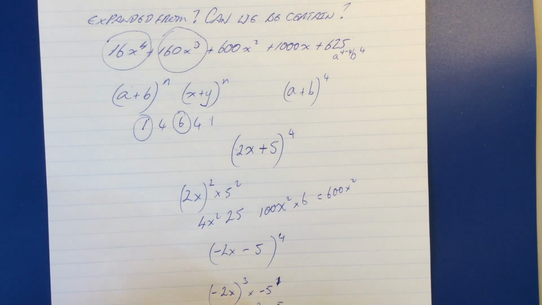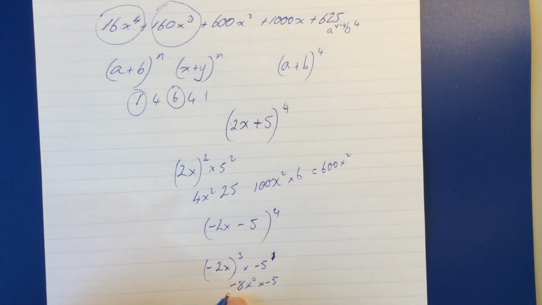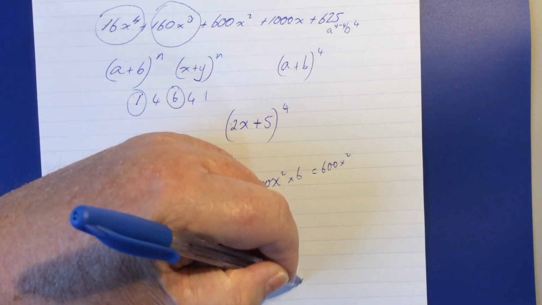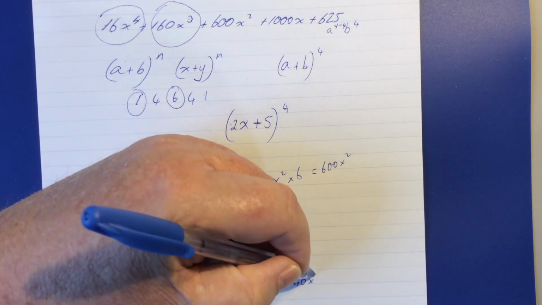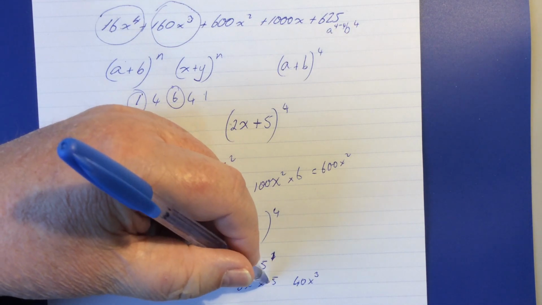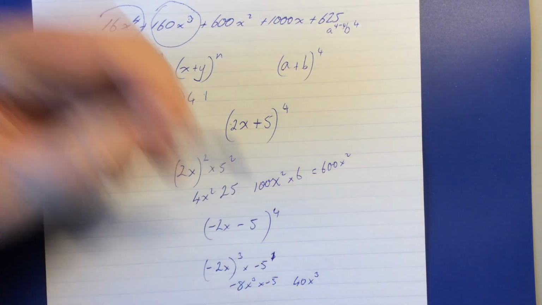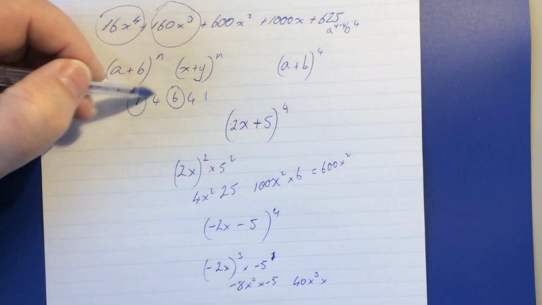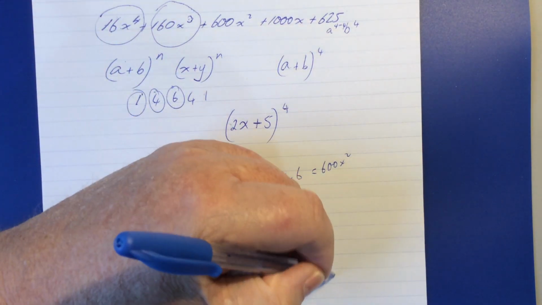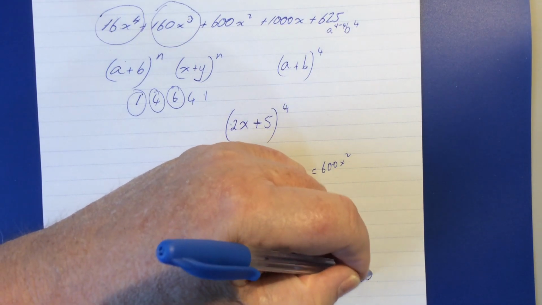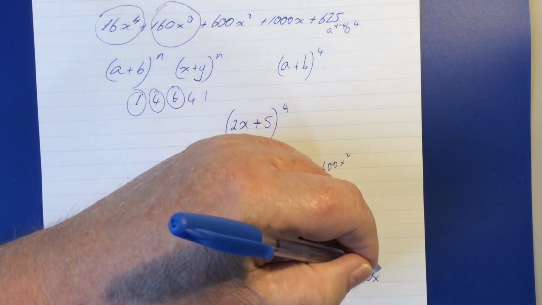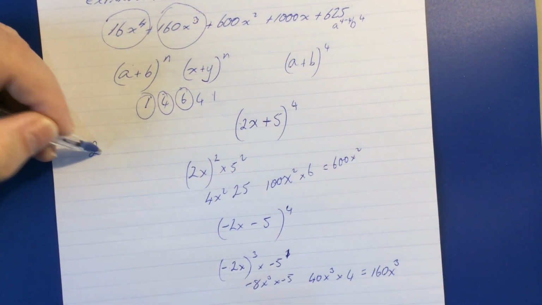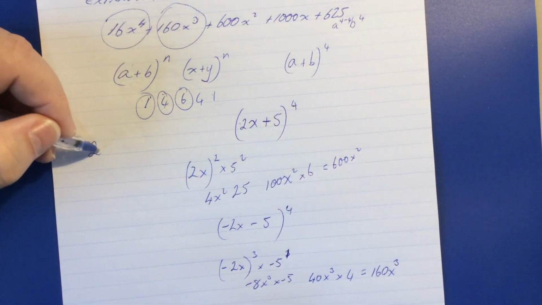There's the warning. This is going to come out positive. So that is 40x cubed. Negative 8 times negative 5 is 40x cubed. And we have to multiply that by 4 from here, which gives us 160x cubed.